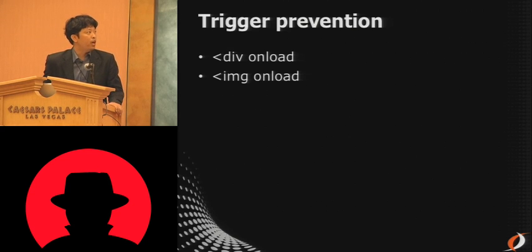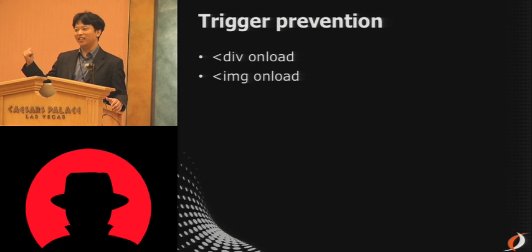And the second one, for example, image unload. Anybody want to guess which one's more effective at beating antivirus? Div unload or image unload? Why? That's correct. But why? Okay, so some vendors like us actually run instances of IE, like the virtual machine that I just showed you, and they monitor the behavior.